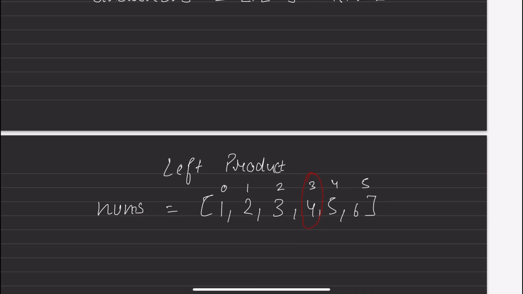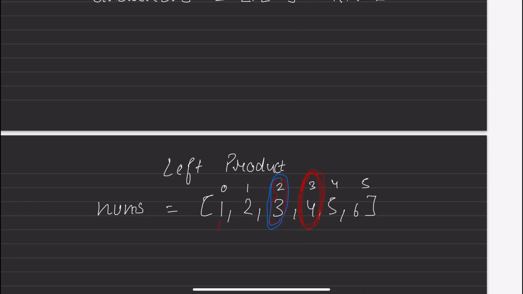If I know the left product of this index, then I can easily find the left product of the 3 index. What I'm trying to say is, if I know the left product of the second index, then I can find the product of the third index. How? Easy peasy.